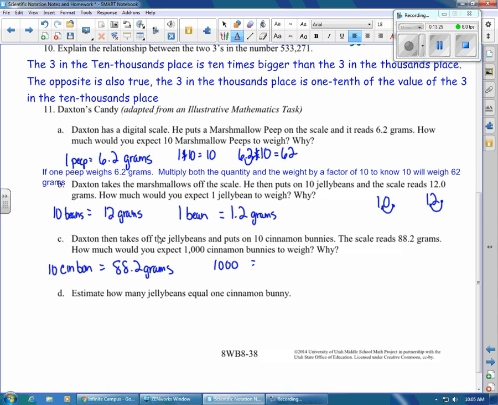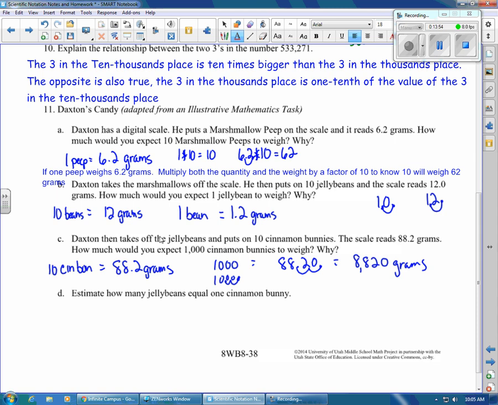I had 10. I want it to be 1,000. Here's my decimal. How many times do I have to move it? I have to move it 2 to the right. So I need to do the same thing with my weight. Add a 0 there. So it's going to be 8,820 grams. Hopefully that's making sense to you.